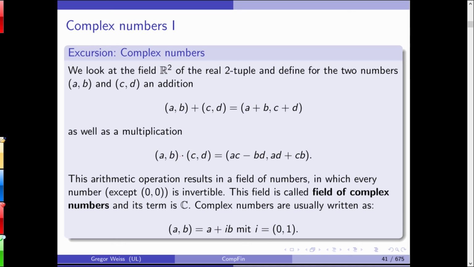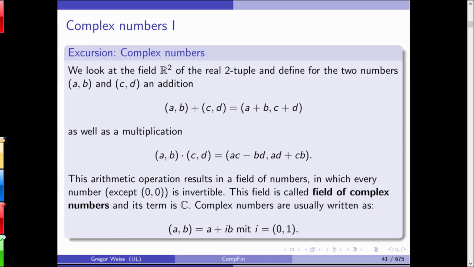You simply take a plus c and b plus d. But the multiplication looks a little bit different. The multiplication looks like (a, b) times (c, d) equals (ac minus bd, ad plus cb). So outer minus, inner plus. Okay. So this is the multiplication of the complex numbers.